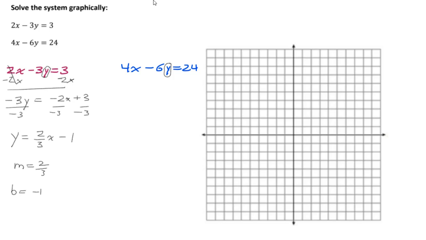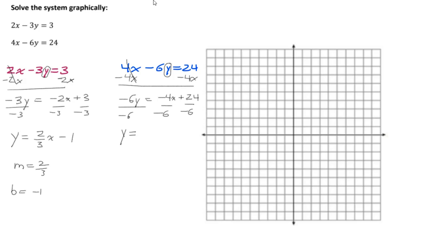Alright, if you're sticking with me, then maybe you need some more practice. That's okay. I'm going to minus 4x on both sides. What's going to be left over is negative 6y. Rewriting that right side in standard form, the x in front, the 24 in the back. And then again, getting rid of that negative 6, so my y is all by itself.